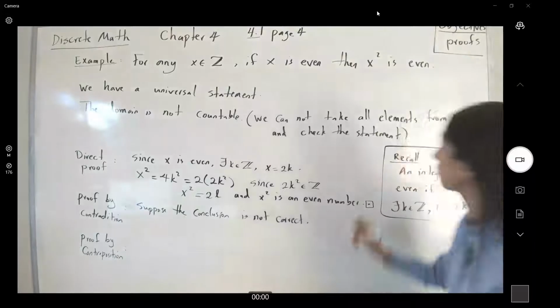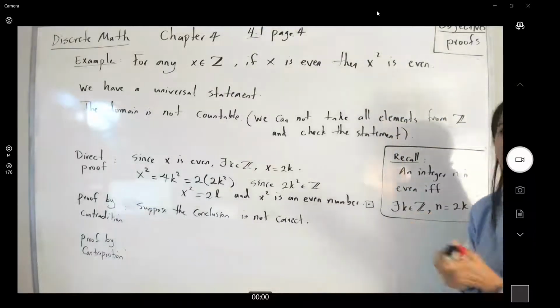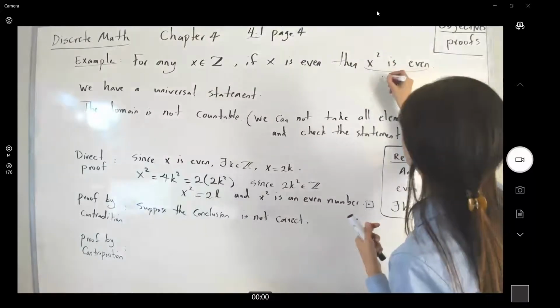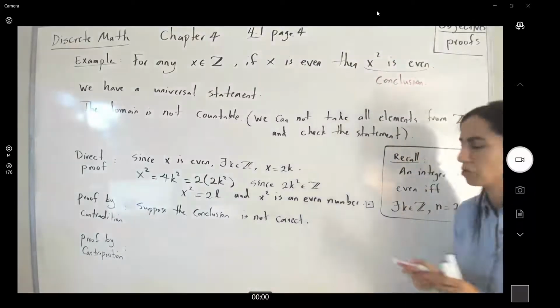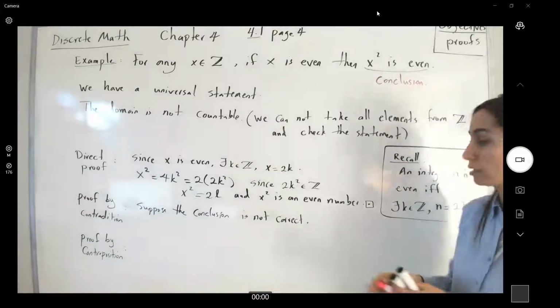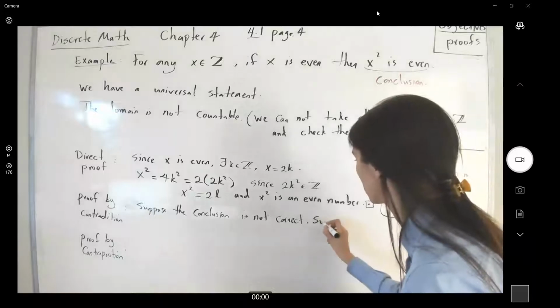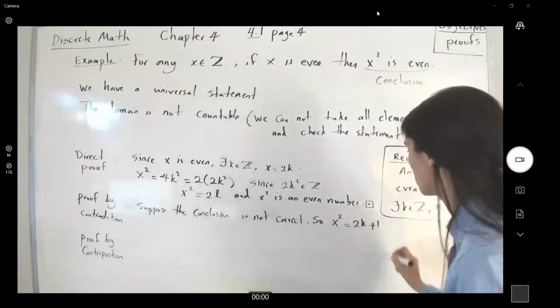What's the meaning of that? It means that the conclusion, x squared is not even. Since it's not even, it's odd. So x squared is 2k plus 1.